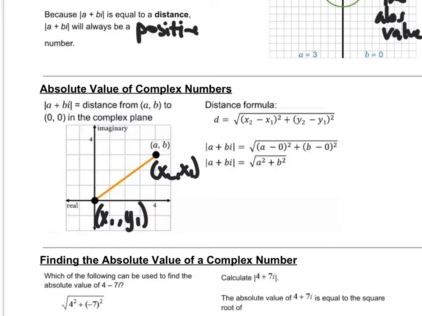So the reality is that when we find the absolute value of a complex number, a plus bi, we're really just taking the square root of a squared plus b squared.